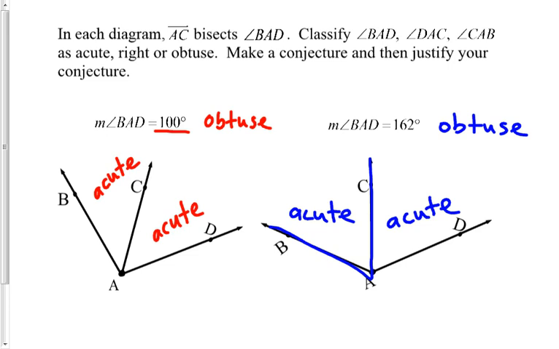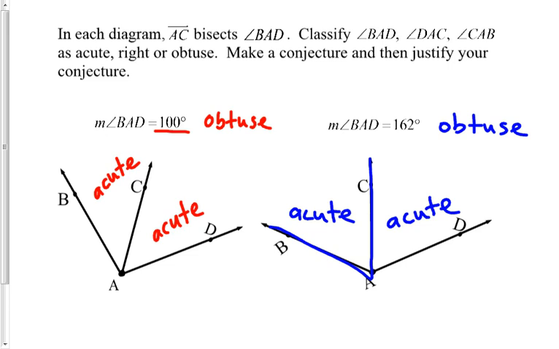So what would be our conjecture here? Well, it seems that there's a pattern here, right? That if we start with an obtuse angle and we bisect it, we will always end up with two acute angles, right?